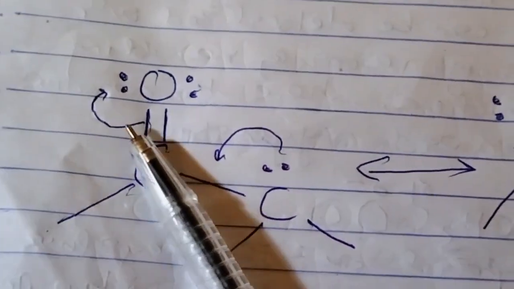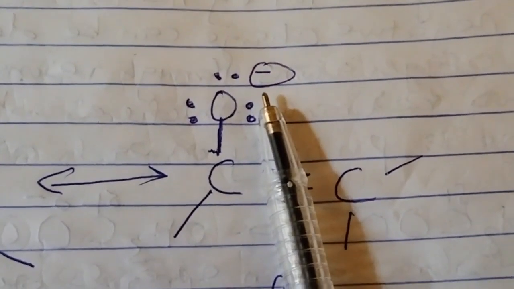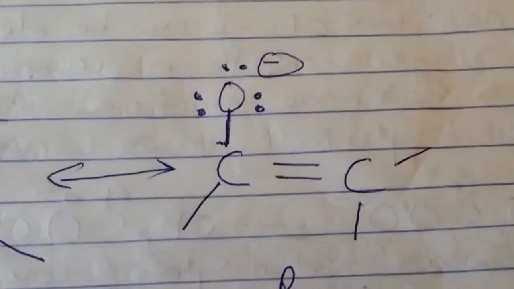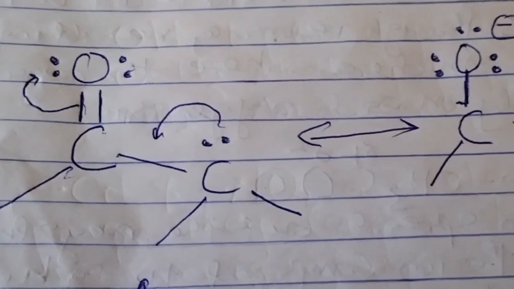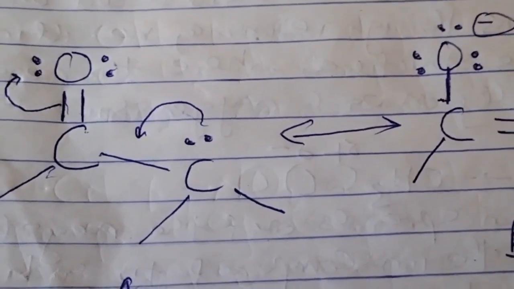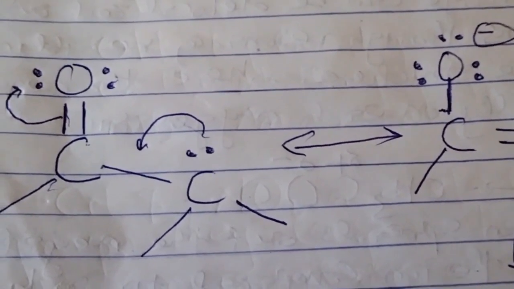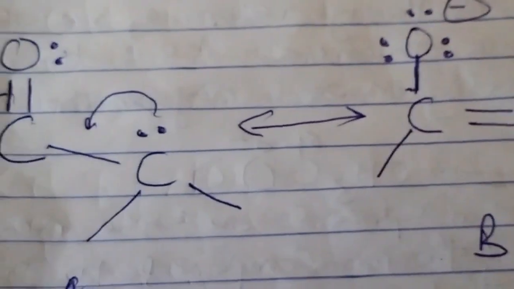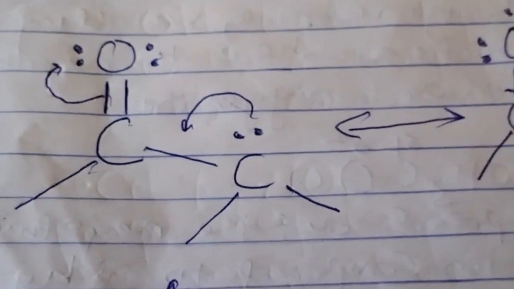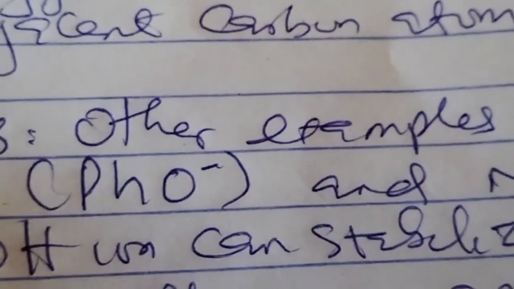And then when this pi bond goes up, the oxygen becomes a negatively charged oxygen ion. So the two structures show that the pi bond or the lone pair can shift between carbon and oxygen atoms in this enolate ion. So it can be stabilized through the negative charge.